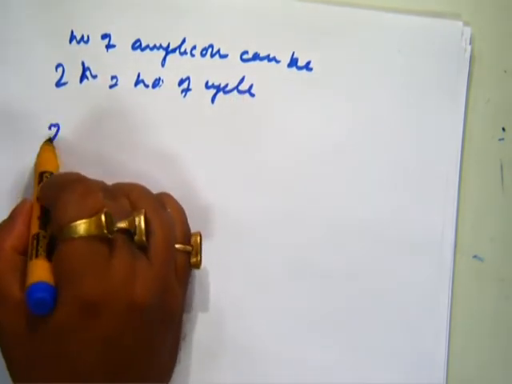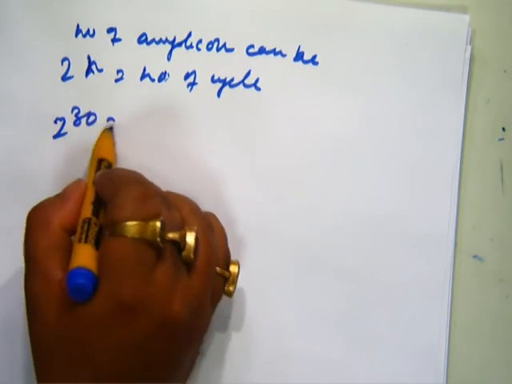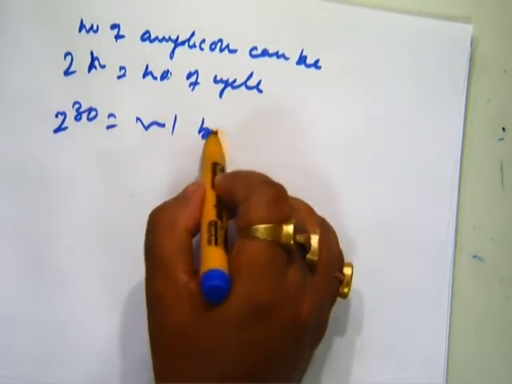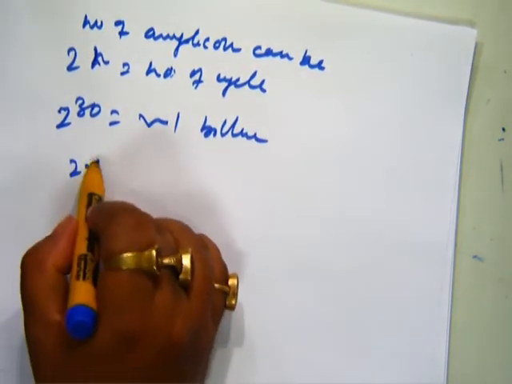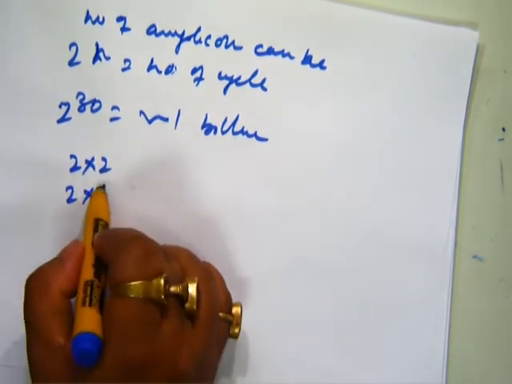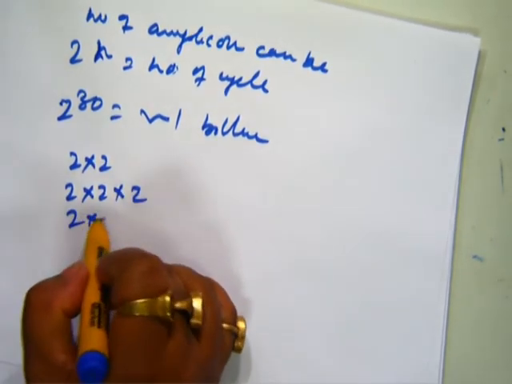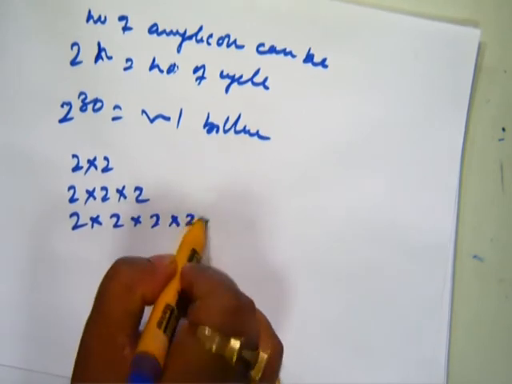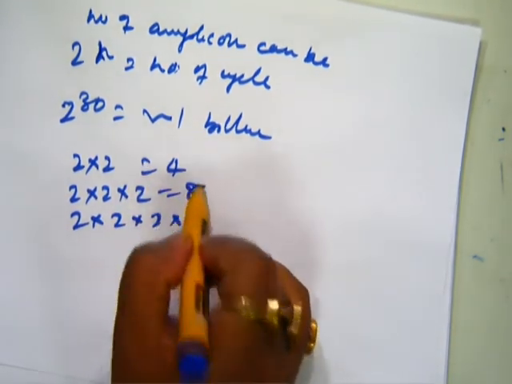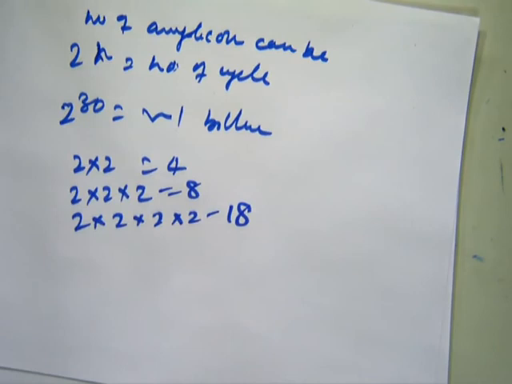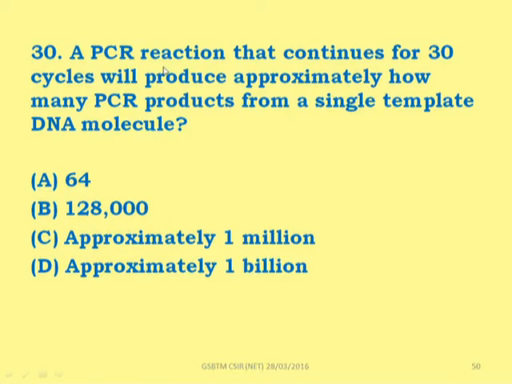So 2 to the power 30 will be approximately 1 billion. One cycle 2, two cycles 2 into 2, three cycles 2 into 2 into 2, like that, 4, 8, 16 and so on. And if we do it for 30 cycles, then the number will be approximately 1 billion. So D is the right answer.